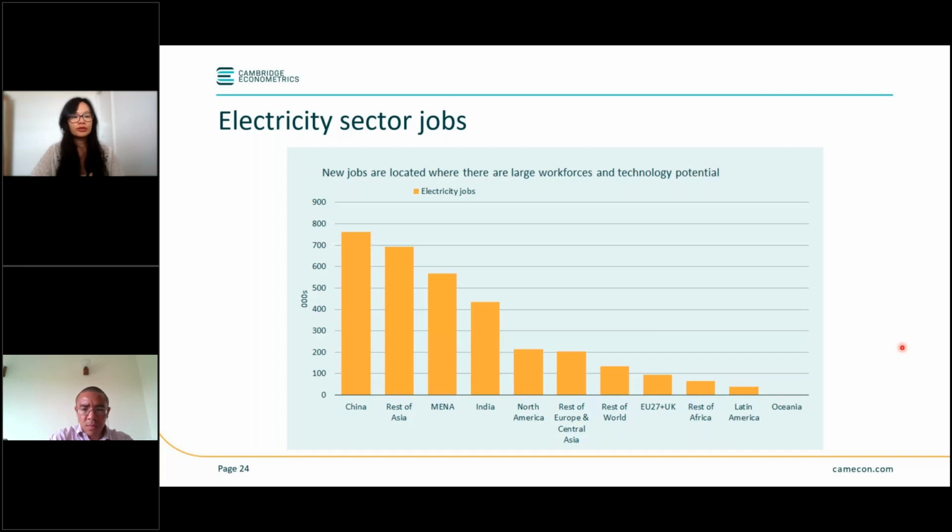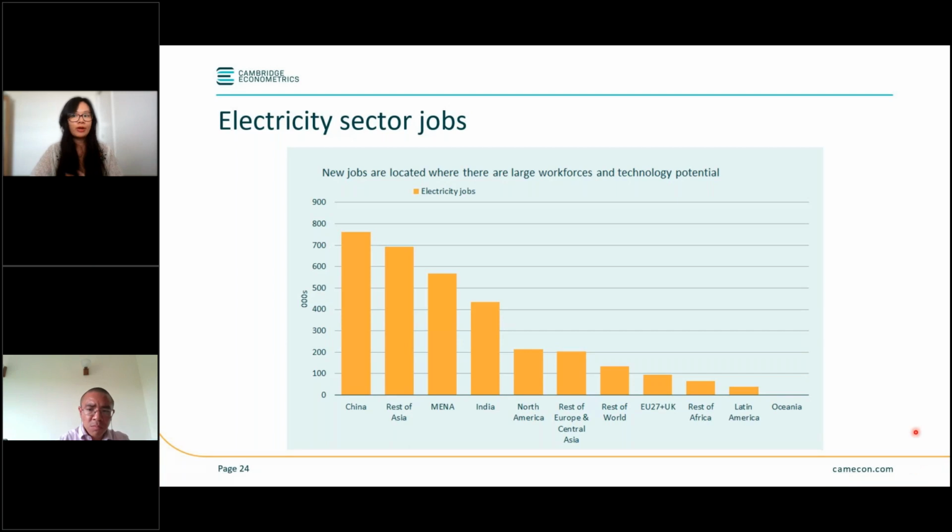What we also see here is that this increase in jobs is not only related to the change in energy demand, but also often related to a change in labor intensity of energy production. What I mean by that is, for example, renewable electricity tends to be more labor intensive than conventional fossil fuel based electricity generation. So that is also something that's at play.